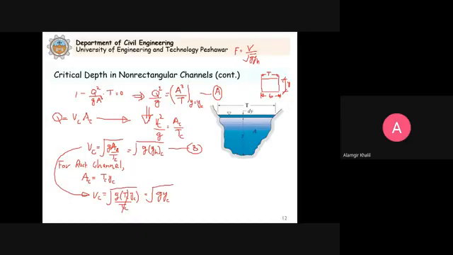Clear? Now in case of open channels, the most commonly encountered shapes are either partially full circular sections or the trapezoidal section. If we have a trapezoidal section, when we solve the problems, this equation will help you.